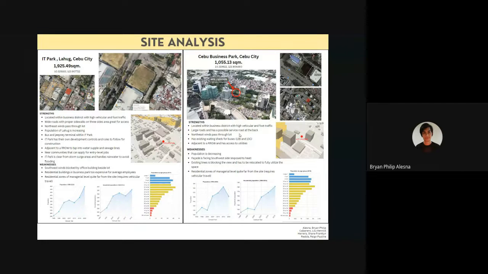Another strength is that the population is increasing, as you can see in the lower left images. It also has its own storm drainage which handles the rainwater. As you can see from the diagram, there is no orange or red.